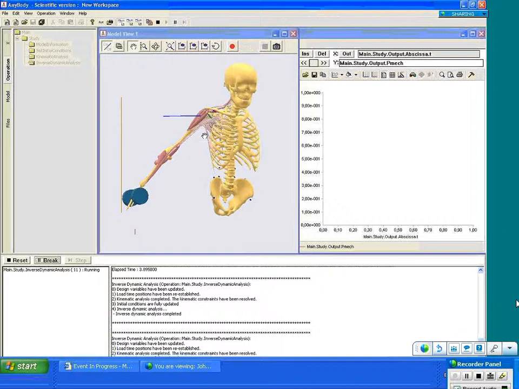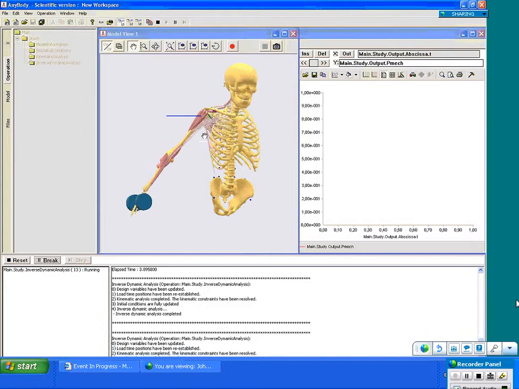So it will take just a few seconds before this is done. It's descending again. Notice how the pectoralis muscles are sliding on the ellipsoid surface.